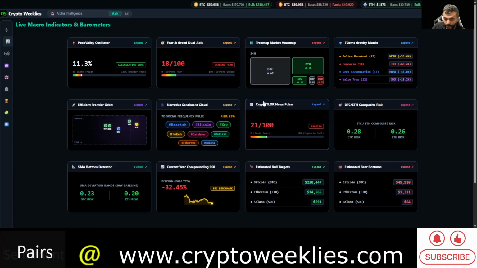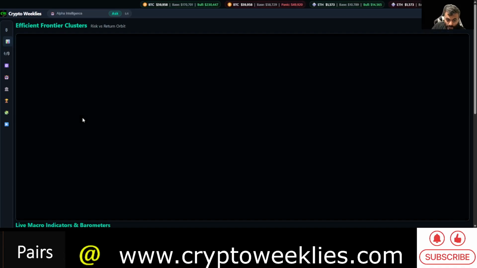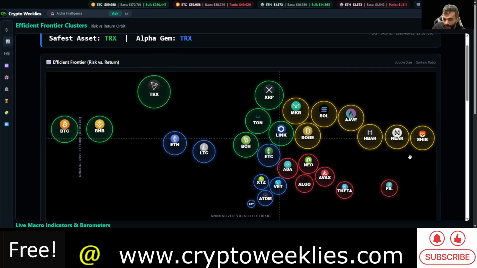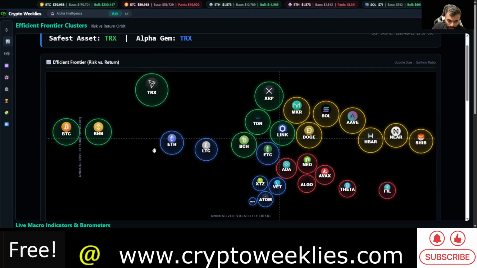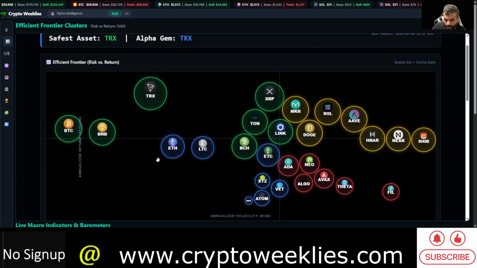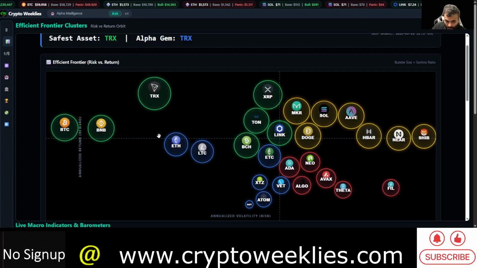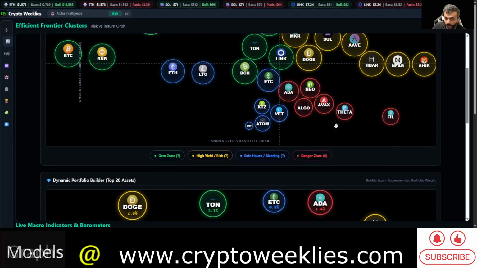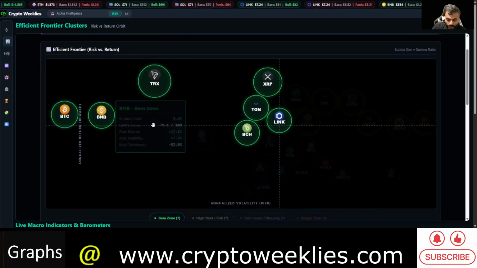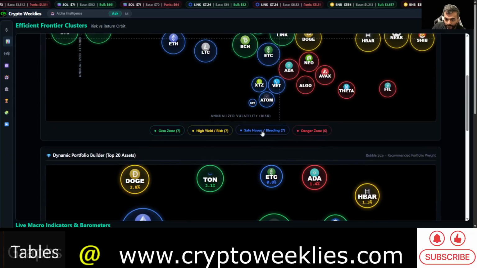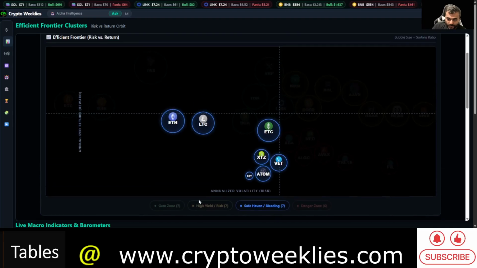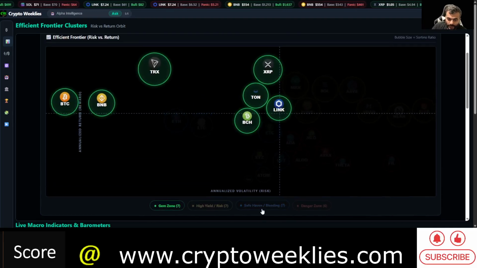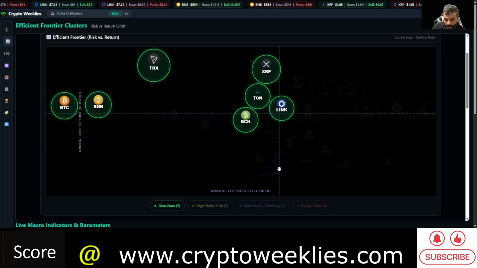What else can be analyzed is using this efficient frontier orbit to identify whether ETH and Bitcoin are still in the gem category, that is, in this top left quadrant, which is typically the gem zone over here, or have they gone into that accumulation or safe haven territory. Right now ETH is in that safe haven territory, whereas Bitcoin is in this accumulation territory.